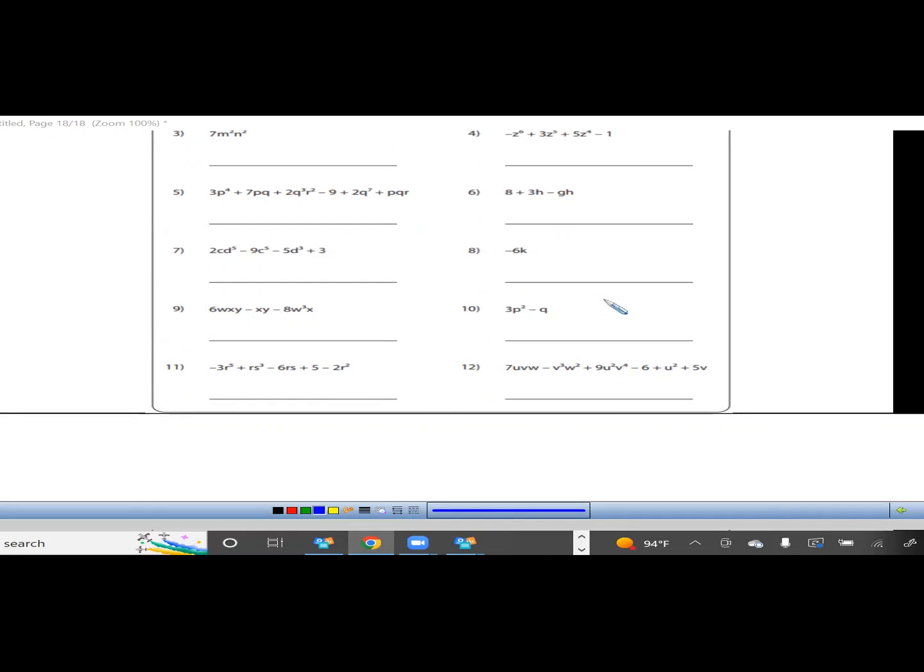All right, let's see, standard form. How about Alessandra? Standard form. Negative what? Okay, let me start it over, sorry. So we're on number 9. I need standard form for number 9.